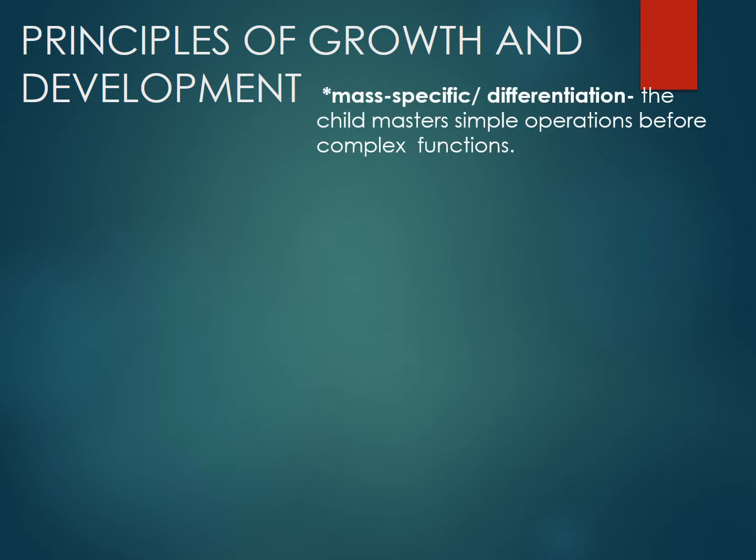We also have what we call the mass-specific or differentiation trend. The child first has to master simple operations before performing complex functions. Anong ibig sabihin nito? That we start doing simple things or simple activities first before we try to perform complex activities.